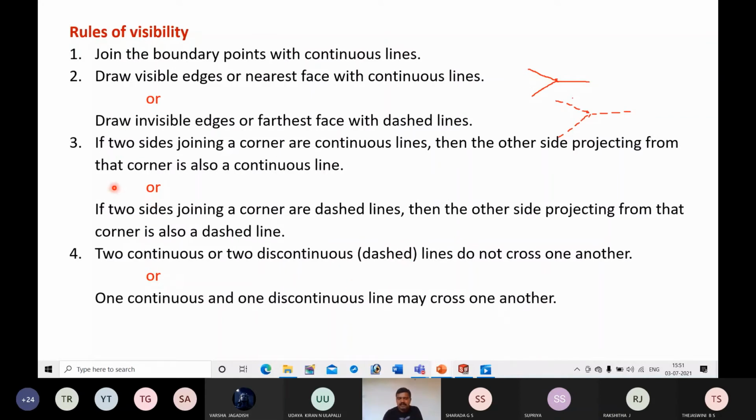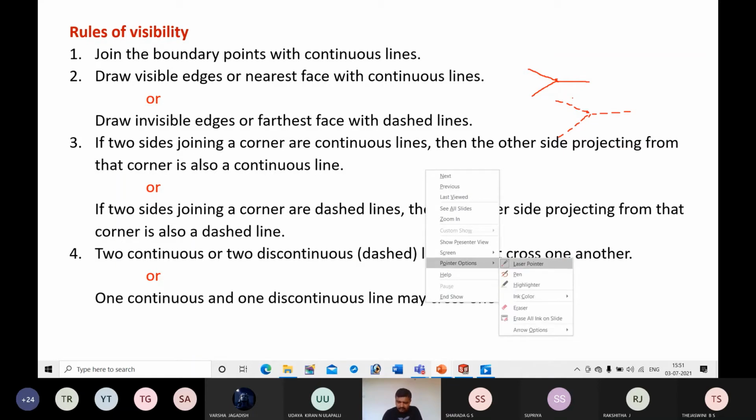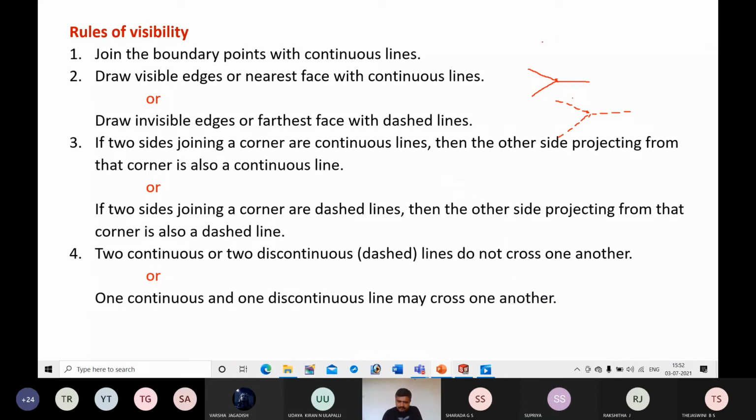But it is attached to one more condition. Rules 3 and 4 are mutually related: two continuous or two dashed lines do not cross one another. That means in projection of solids, you cannot find two continuous lines crossing like this.